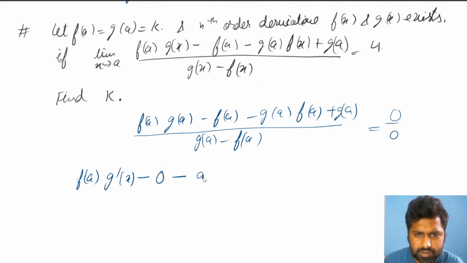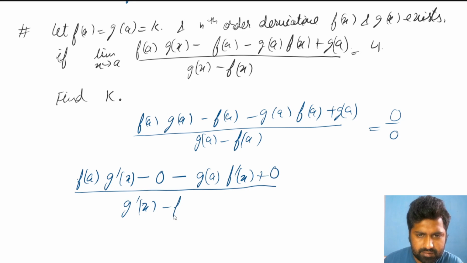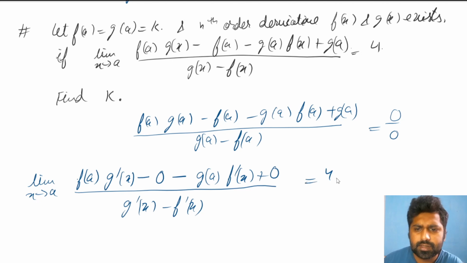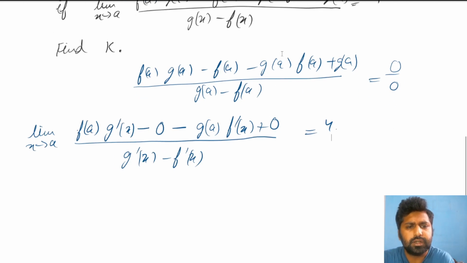Minus g of a, a constant multiplied with f of x, gives f dash x. The last term g a times f a differentiates to 0. The denominator differentiates to g dash x minus f dash x. The limit is still x tends to a, and this should give us 4. I've applied L'Hopital on the given expression.